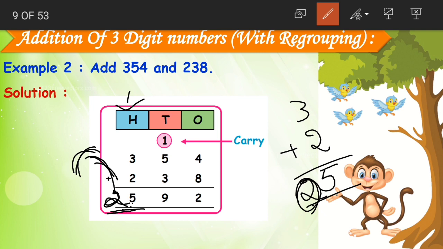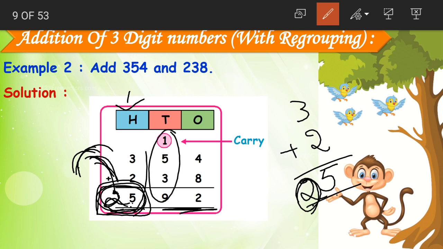When you do not have anyone to share with, what will you do? You will eat the whole thing by yourself, right? In the same way, there is no place value here to carry forward, so we wrote both the digits here. In the other two cases, we had a place value to carry, so we carried the number to the next place value.